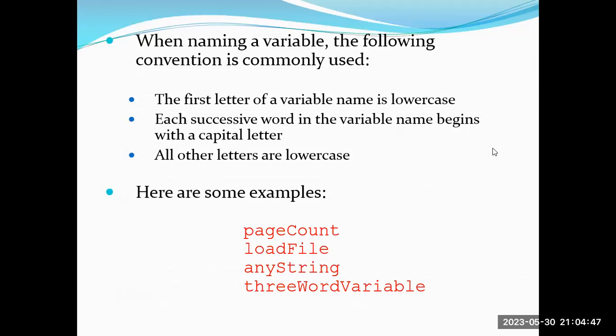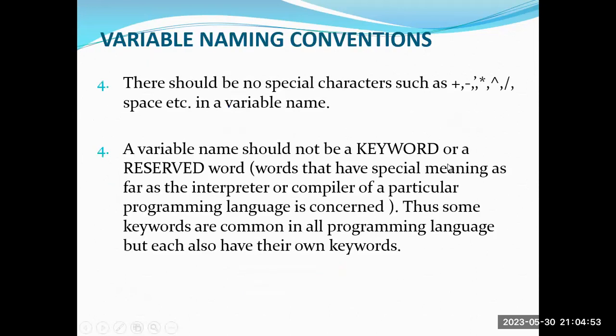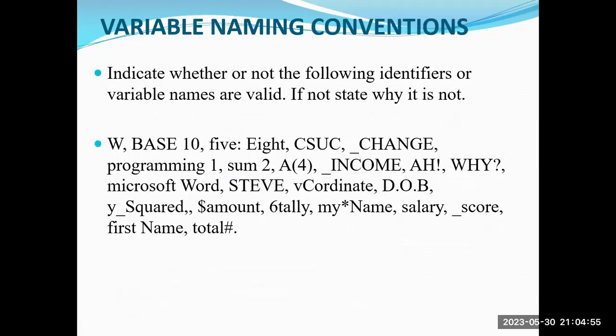Okay, so let's look at it. If you look at what I have on my screen, I have a lot of words here, and I want to find out which words are valid and invalid variable names.